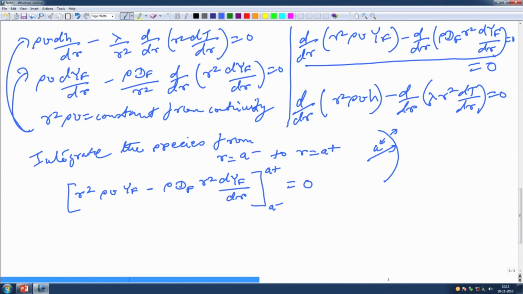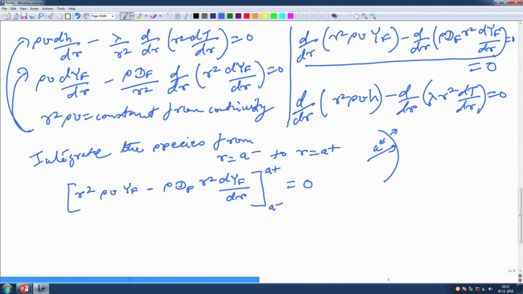Now, what can we say now that we have established this? What about the concentration gradient within the droplet? Since it is a pure fuel, there is no question of any concentration gradient. Recall the lecture that we did, when there is a pure component, there is no concentration gradient, because there is only one component. How can there be a concentration gradient within the droplet?